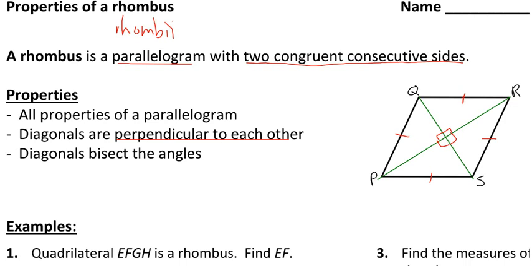And the next property that is specific for a rhombus, is that diagonals bisect the angles. Also, this happens only on a rhombus.